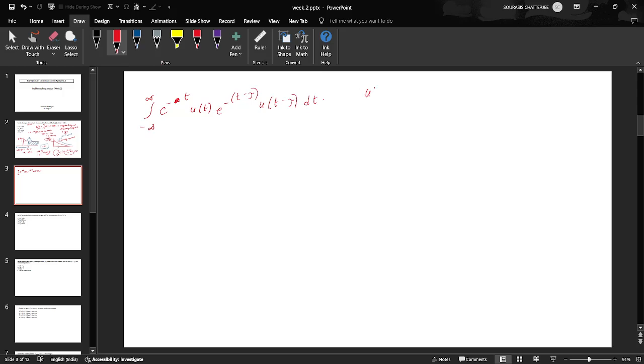But we already saw that u(t) times u(t minus tau) is only going to be 1 when t is greater than or equal to tau and 0 otherwise. So the integral here we can change to tau onwards to infinity, because from minus infinity to tau this function is going to be 0, and if you are integrating 0 over the interval, it is going to produce nothing but 0. So our effective integration limit should be tau onwards to infinity.